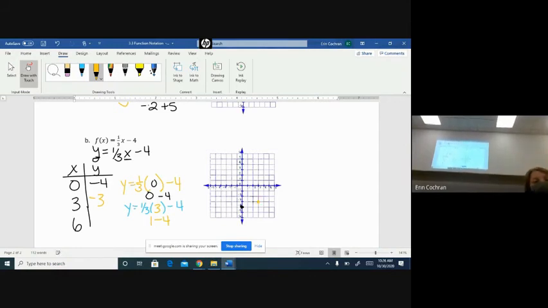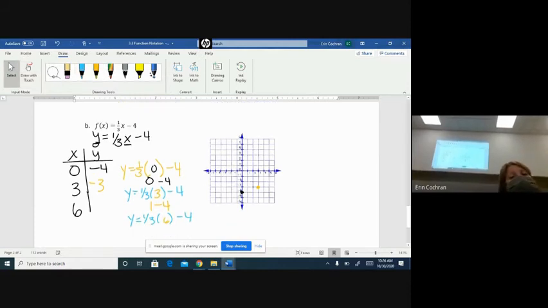Okay. And then my last one, y equals 1/3 times, what's my x? 6. Okay, so what's 1/3 of 6? What's 6 divided by 3? 2. And 2 minus 4? -2. So can I go right 6, down 2? Yeah. And I can draw my line.